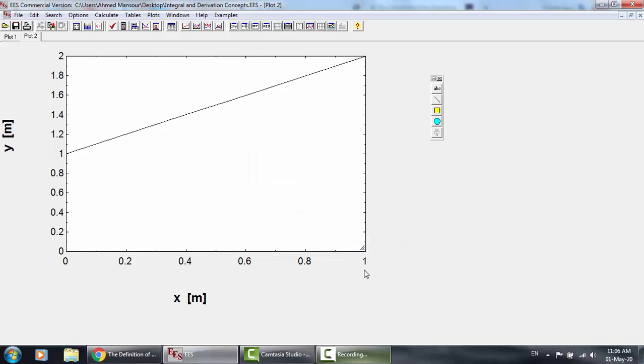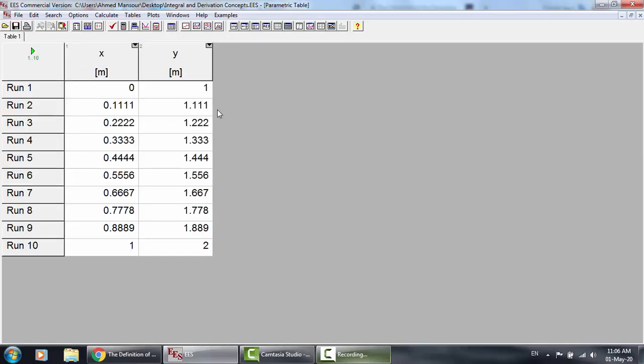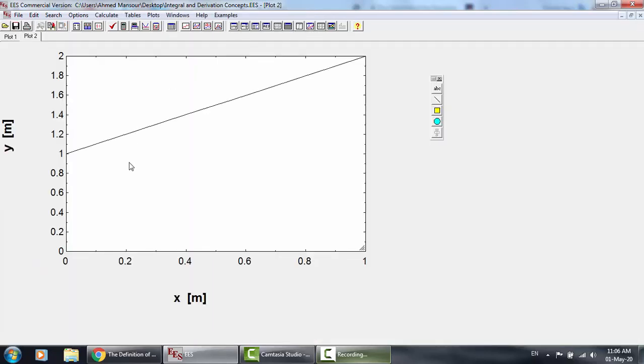From 0 to 1, these are the integral limits, and here is the final. Make sure please that this is correct, and the limits match.